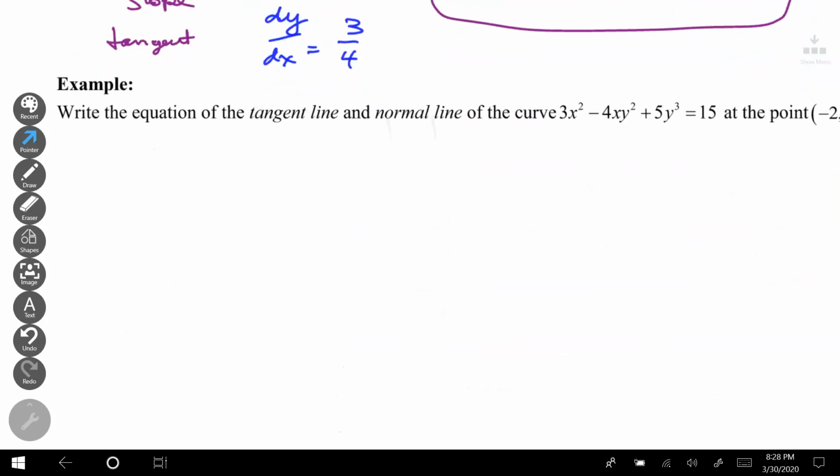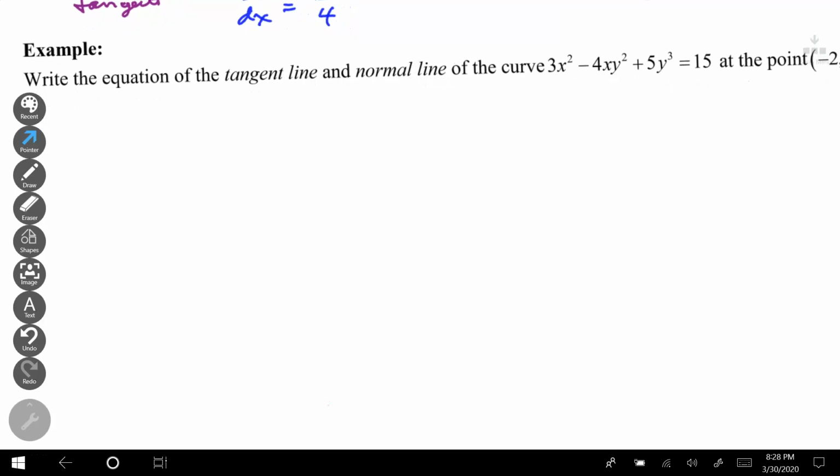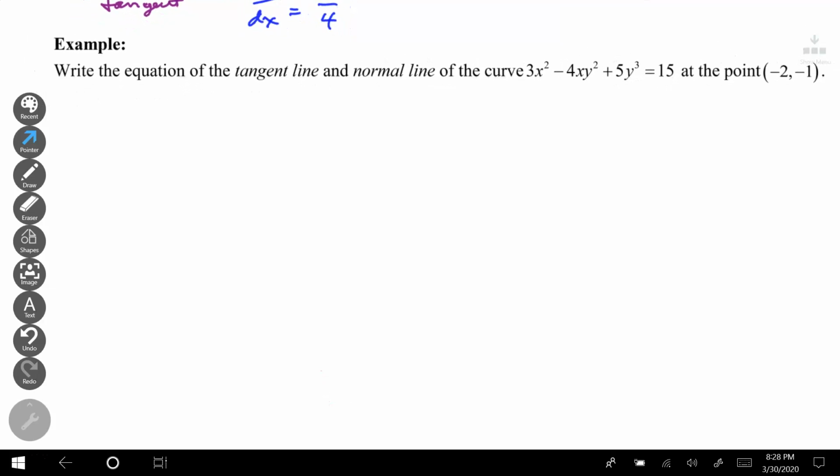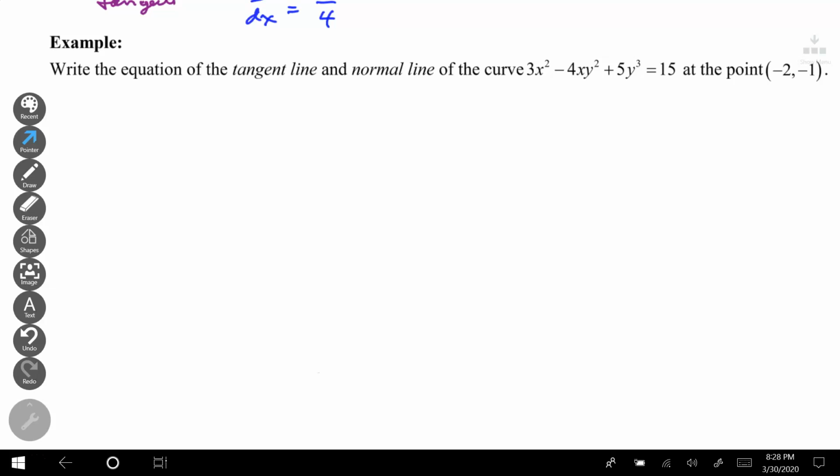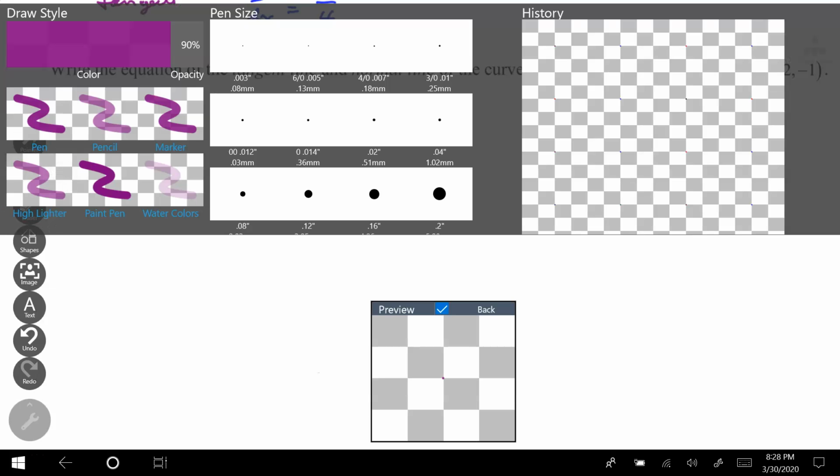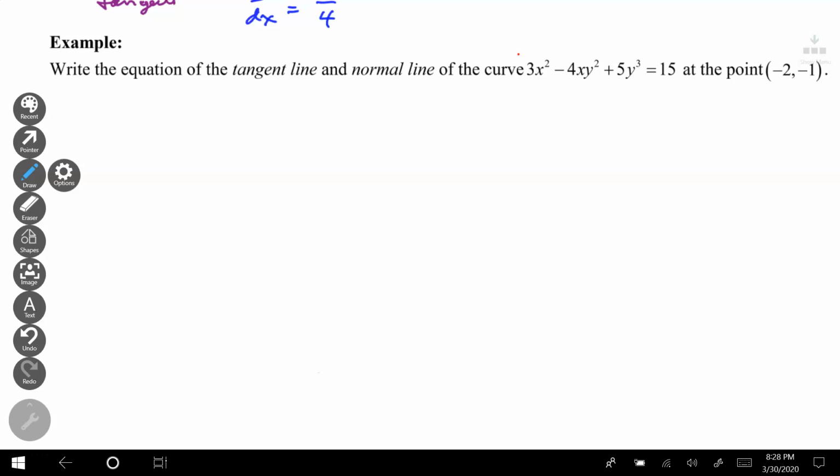And now we're going to go through the last example, which will probably be the most work, because we are going to take the derivative of this to begin with. My d dx.